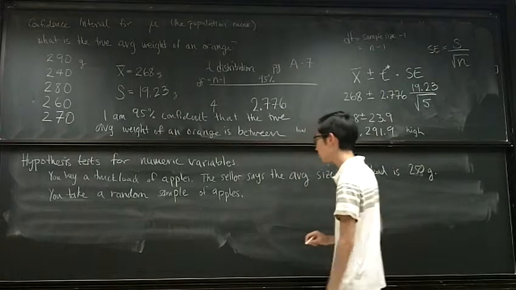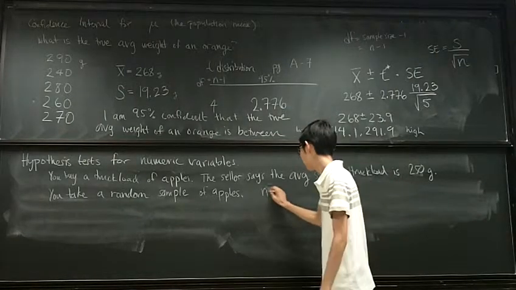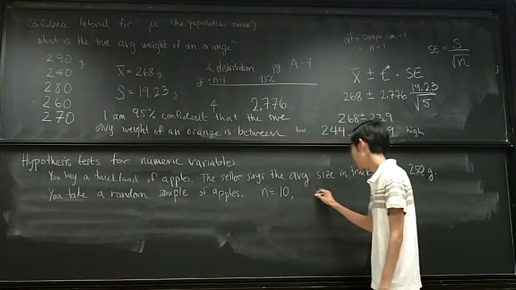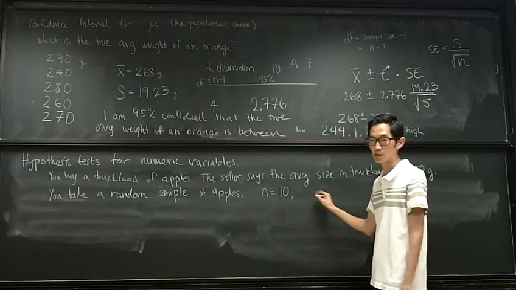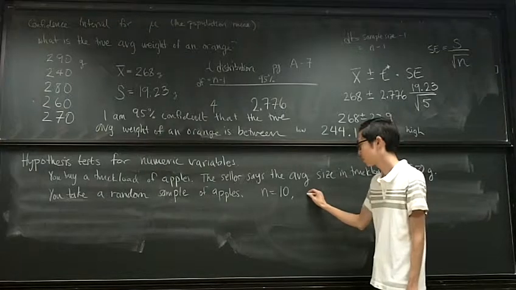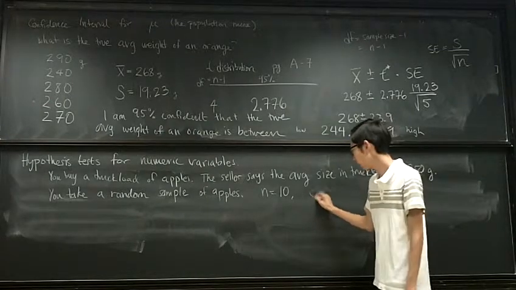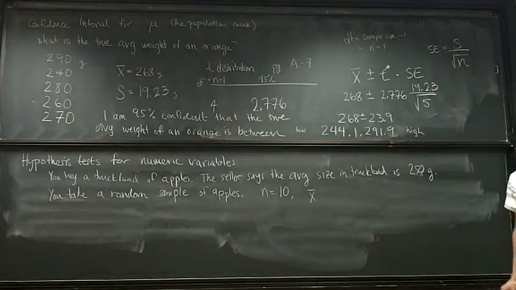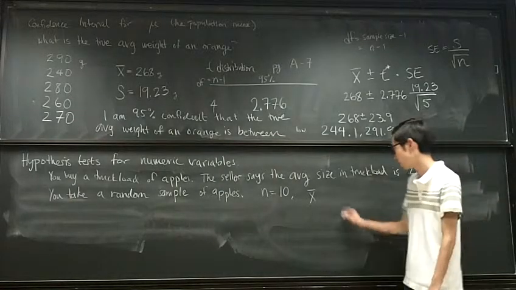Okay, and let's say you took a sample of 10 apples. And the average size of these 10 apples, so what symbol do I use for my sample average? X bar, not p hat. P hat is only for proportions, and proportions are only for categorical data, okay?